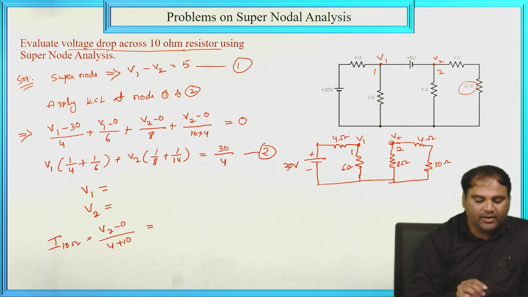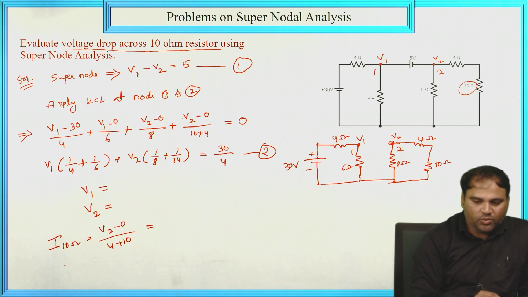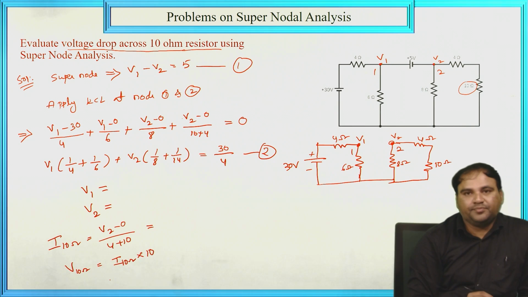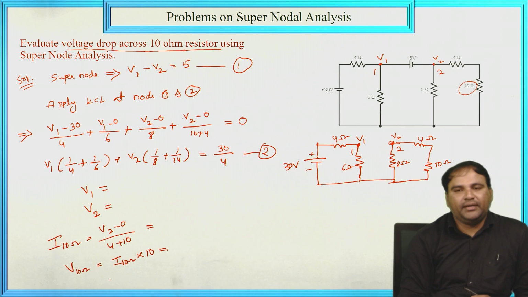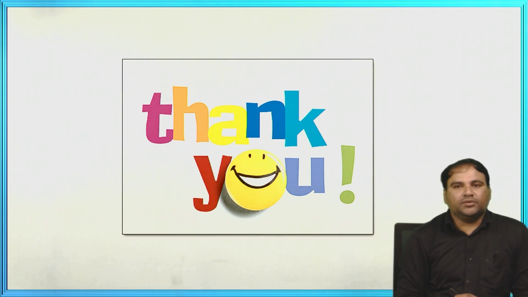We will get some value, V2 divided by 14. After that we have to calculate the voltage. Voltage drop at 10 ohm equals current through 10 ohm into resistance, by Ohm's law. By calculating this, we will get the voltage drop at 10 ohm. So here is the calculation part of the supernode analysis. Okay, so thank you one and all.